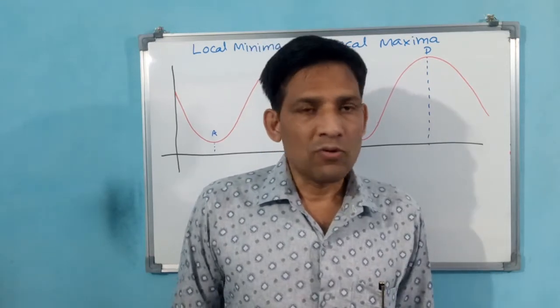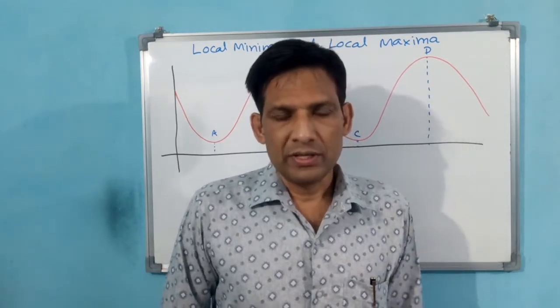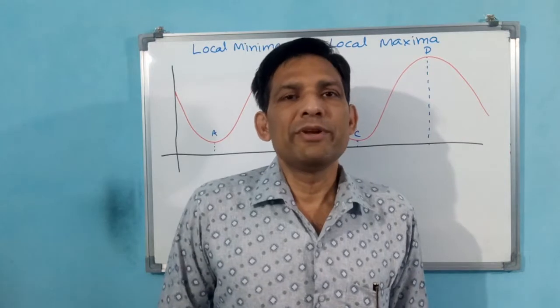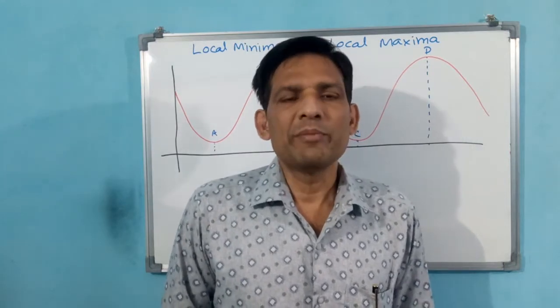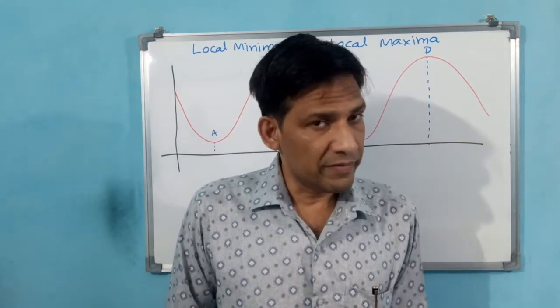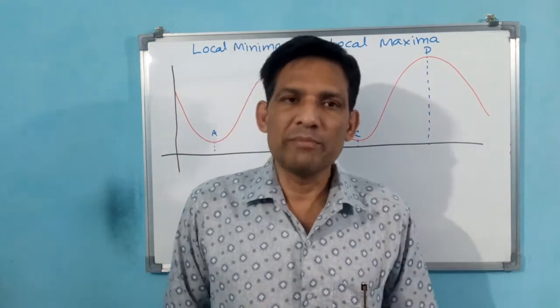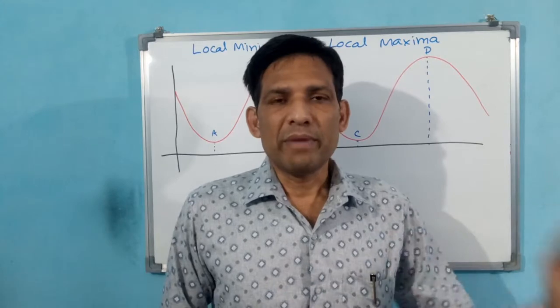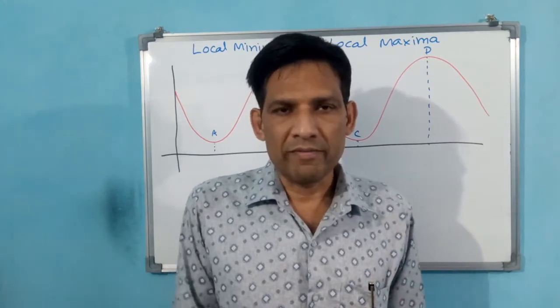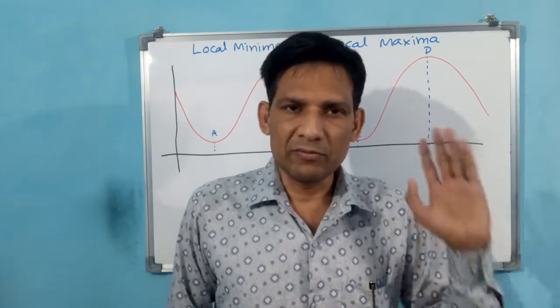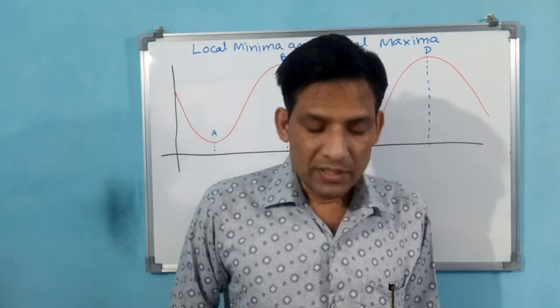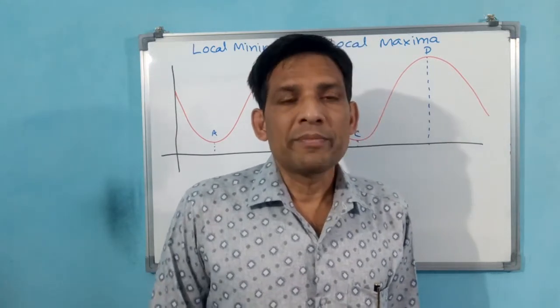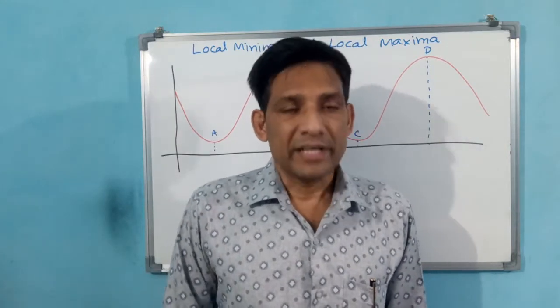Now the concept has changed a little bit. The new concept is local minima and local maxima. Local minima and local maxima are different from local minimum value and local maximum value. Minimum value and minima, maximum value and maxima, both are different. We will understand these differences now. Here we are going to adopt the first derivative test and the second derivative test.